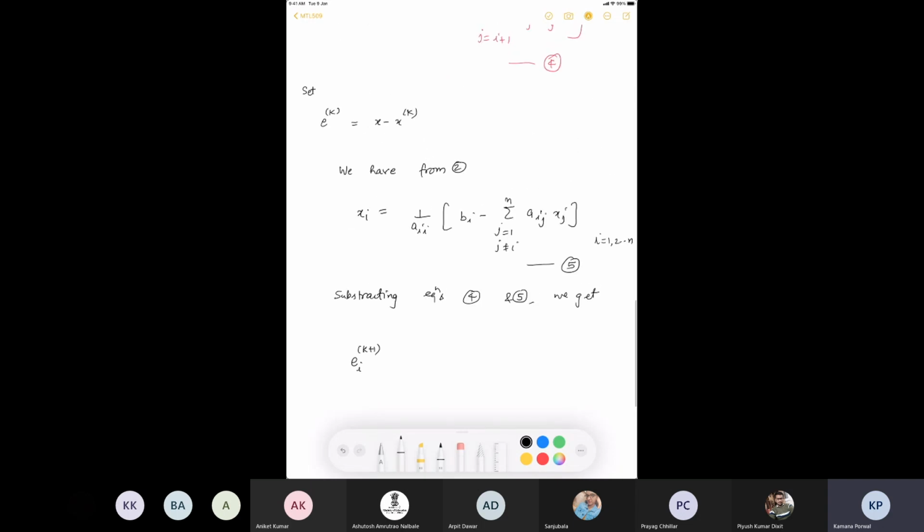When I write ek as this, it is also a vector, because x and xk are both vectors, so it will also have n components.